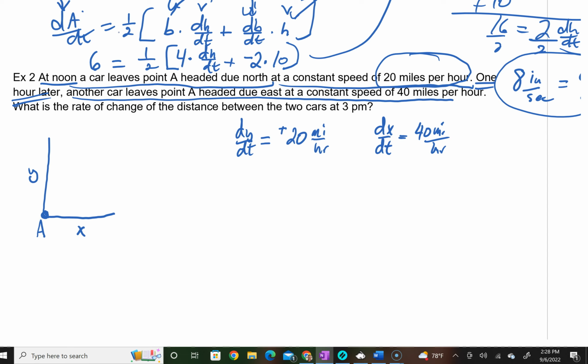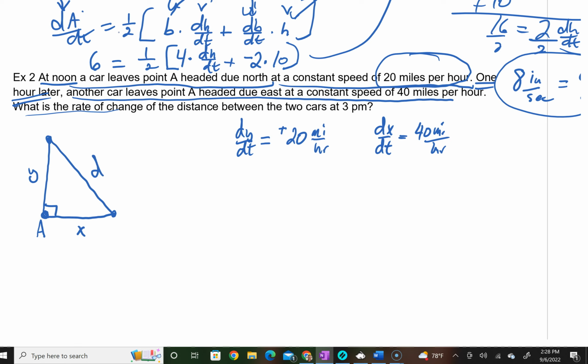You'd say, well, wow, look at that. I've got this. Of course, there's a time delay. One other thing, we know that the directions are perpendicular when they are consecutive, as they are right here, north and east. They will make a right angle. But what is the rate of change? So find the rate of change of the distance between the cars. Well, the distance would be going from this point to this point.